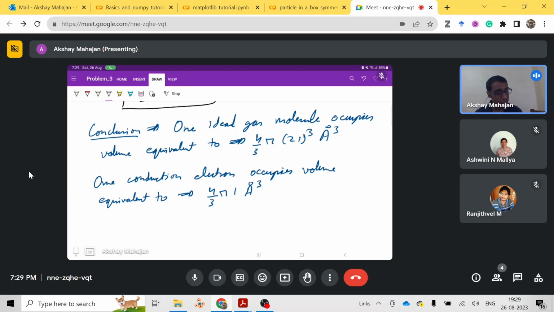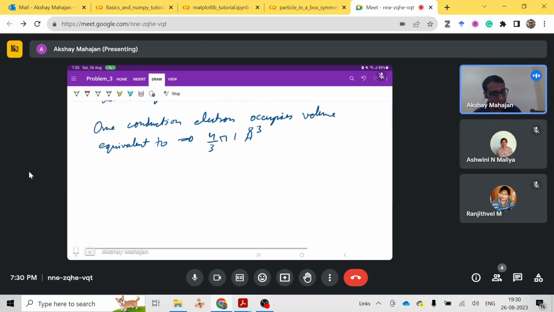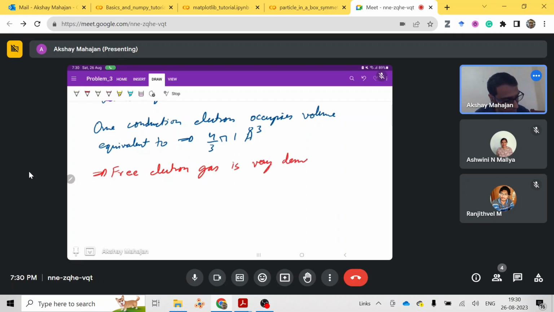So one ideal gas molecule occupies a large volume compared to one conduction electron. From here what we can see is that free electron gas is very densely packed compared to ideal gas.